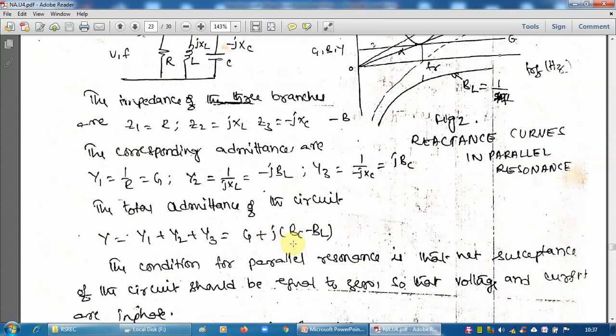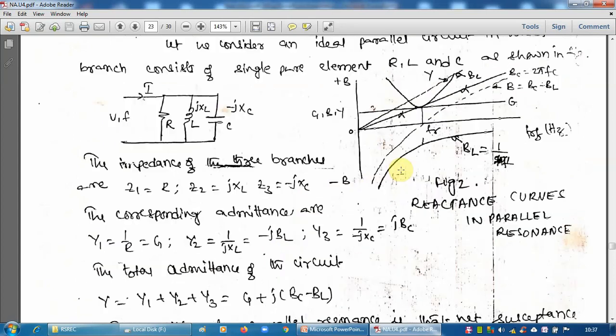Next, BC. BC here is 1 by jXC. BC is positive here and proportional to the frequency, therefore it varies linearly like this.